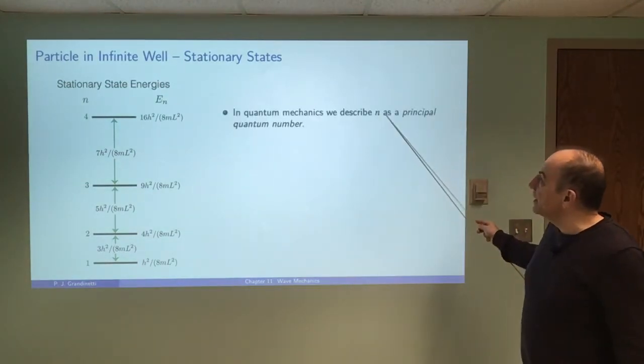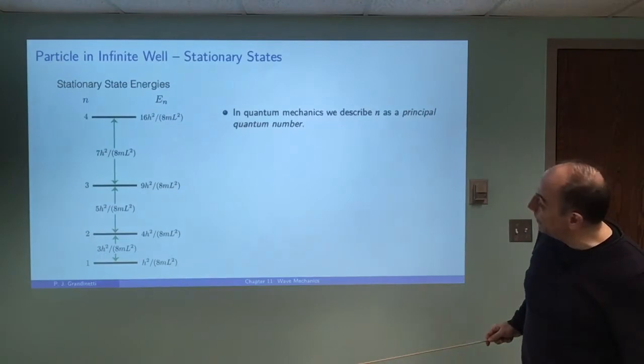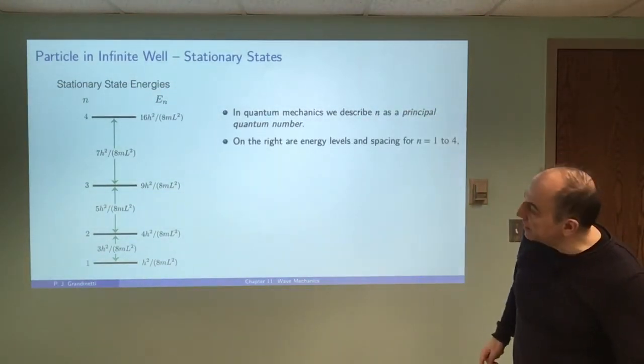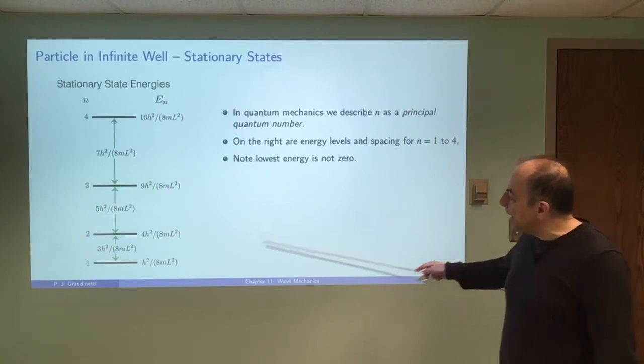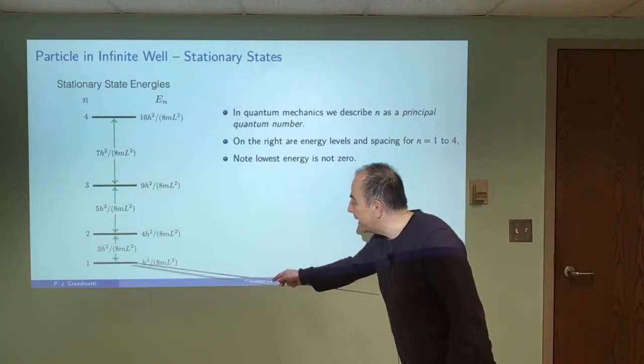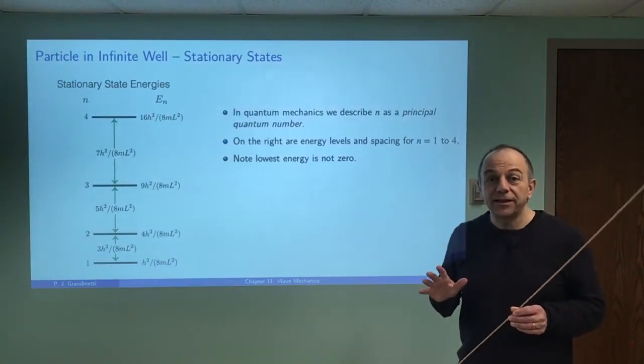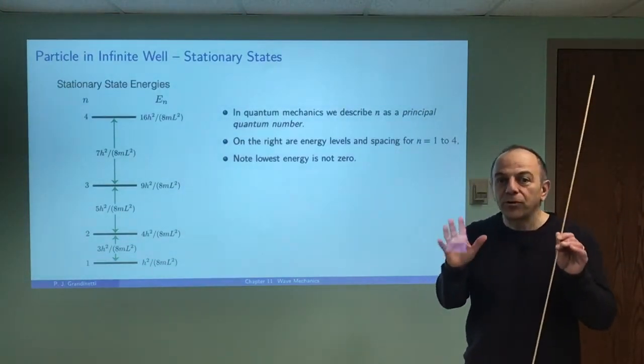This n is something we call the principal quantum number in quantum mechanics, and you can see the energies specified as a function of n. Now the really interesting thing here is that the lowest energy is not zero. Think about what we're doing in this problem.